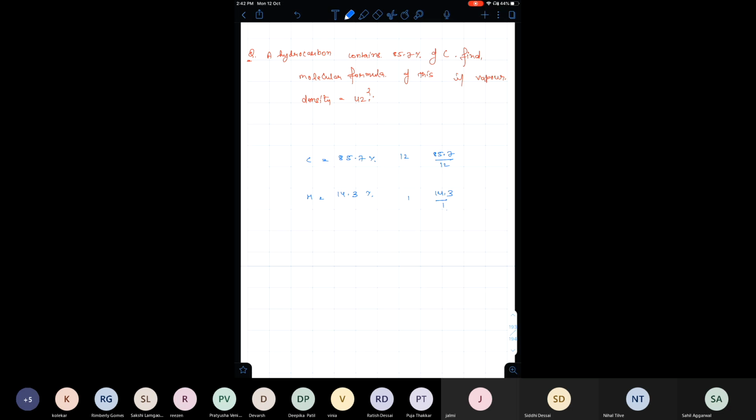This will be smaller. So we'll calculate the ratio. 85.7 divided by 12 into 1 by 14.3. The upper one is smaller, right? This one is smaller. This will become 1.